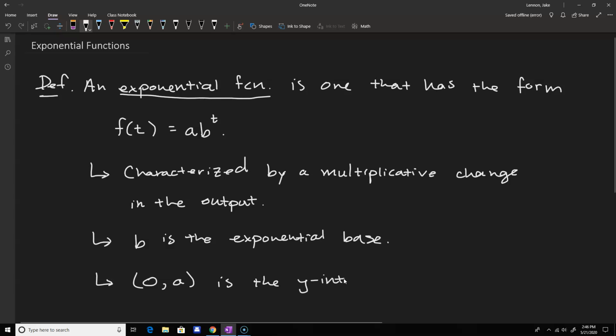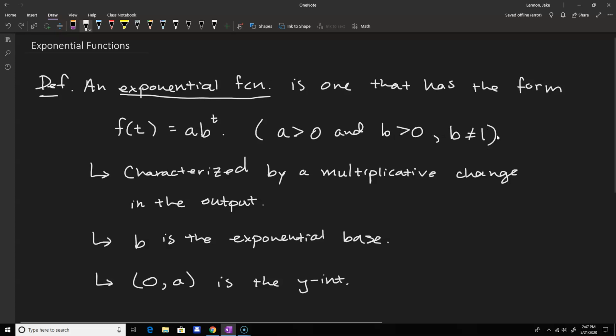So I should also make two little clarifications up here. There are two kind of restrictions. We'll say a is greater than 0 and b is greater than 0, and additionally b cannot equal 1.